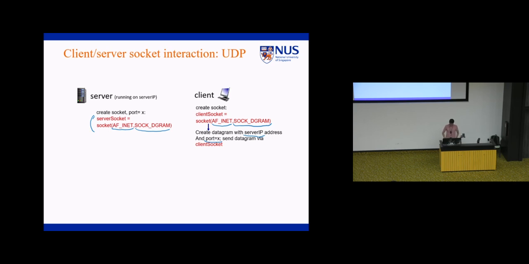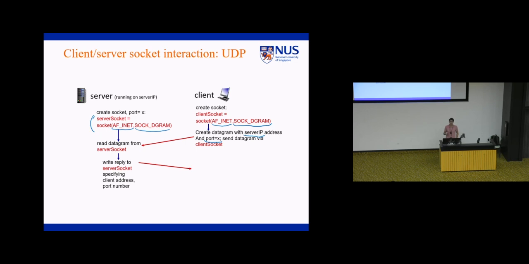Anyway, so we created the client socket, and the server created its own socket. And then our client will send the datagram, and the server will read the datagram from the server socket. It will run its own algorithm. In our case, it is just capitalizing the letters of the sent message.